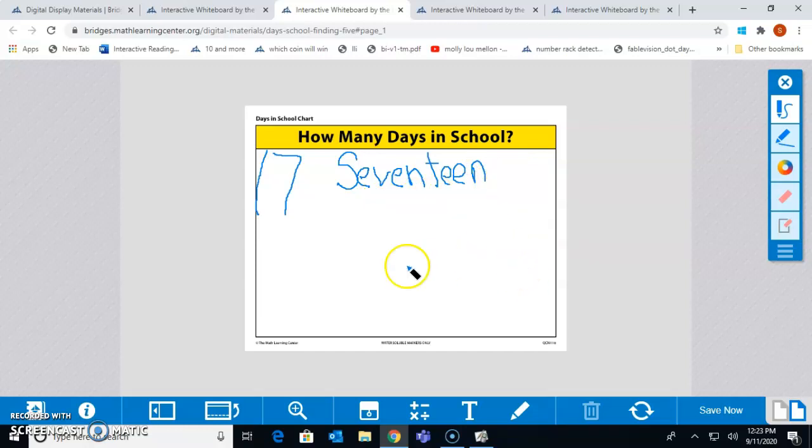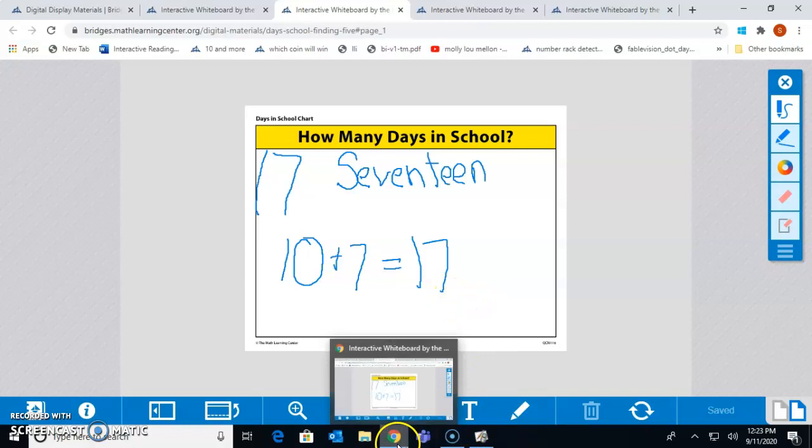Okay. And we've been doing 10 and some more, so we have 10 and some more. What does that equal? Equals 17. How else can you show 17? Perfect. Hope you have that written.